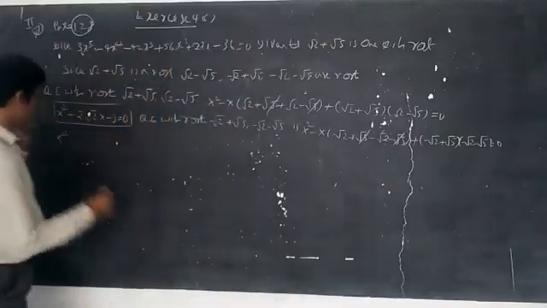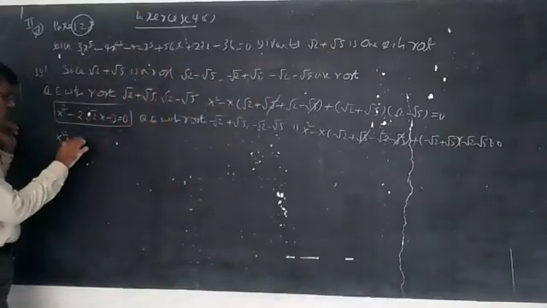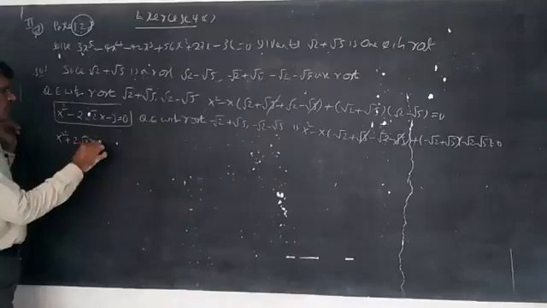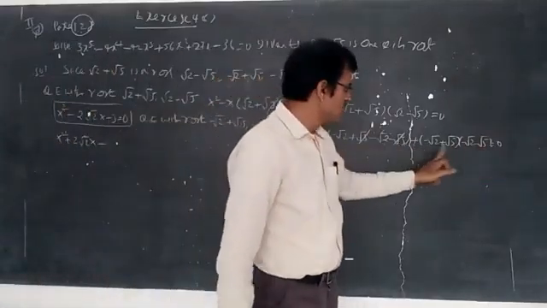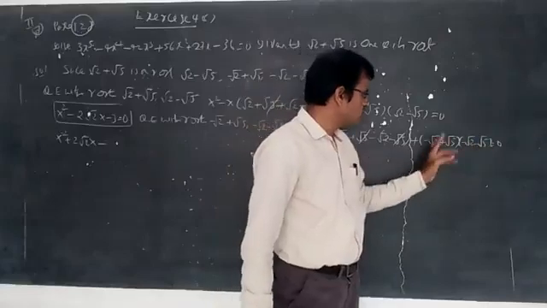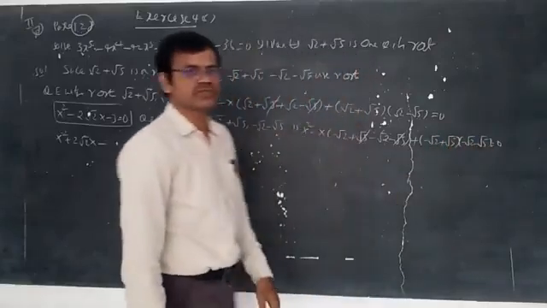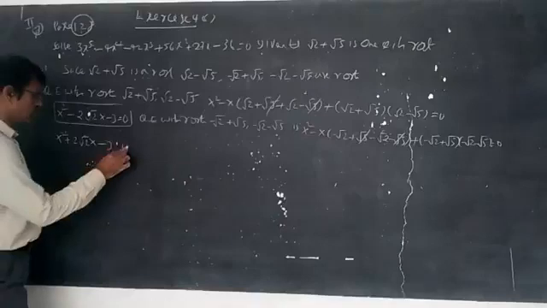Minus root 2 into minus becomes plus 2 root 2 x, plus here also the a square minus b square concept: minus root 2 whole square minus root 5 whole square, 2 minus 5 becomes minus 3, equal to 0.